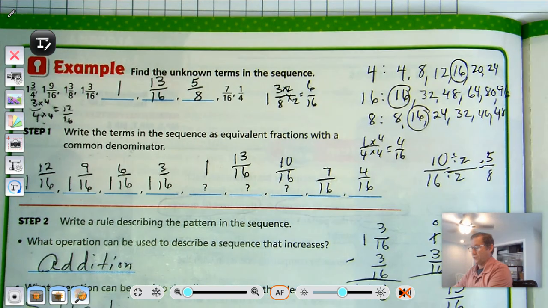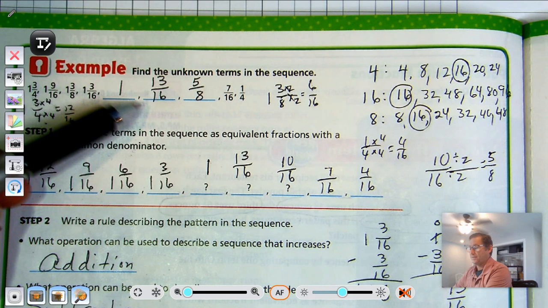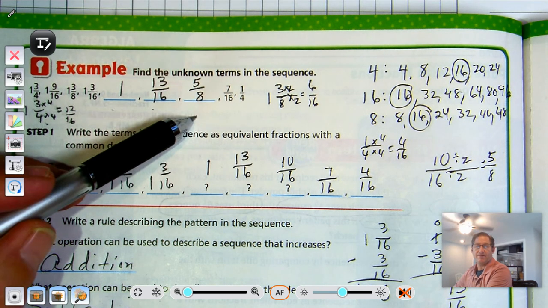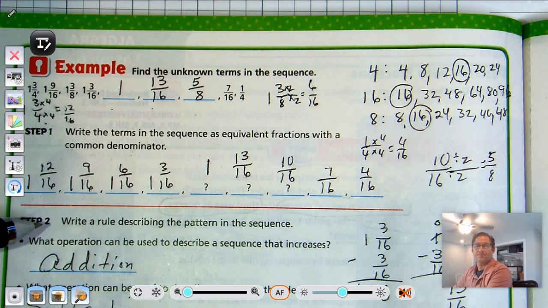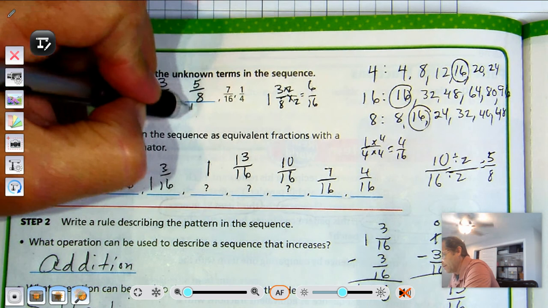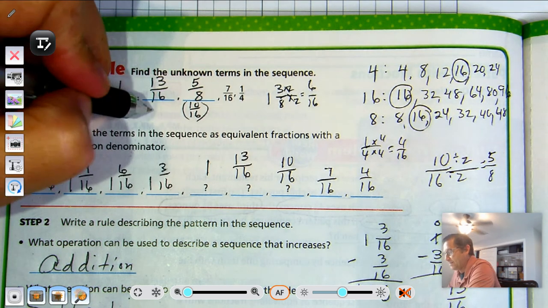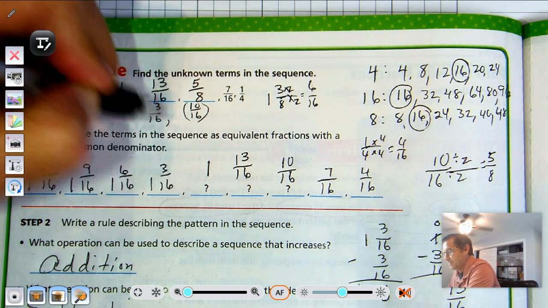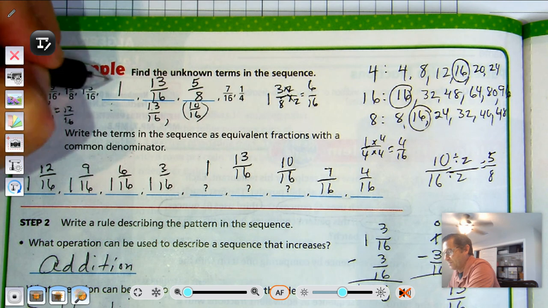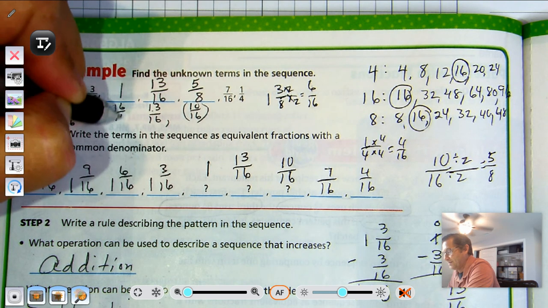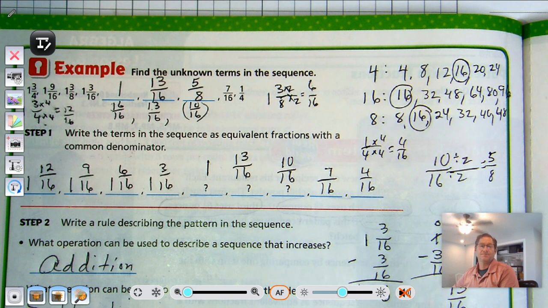Okay. So the missing numbers were 1, 13/16, and 5/8. And I'll write underneath here 10/16 is the same as 5/8. And 1 is the same as 16/16.